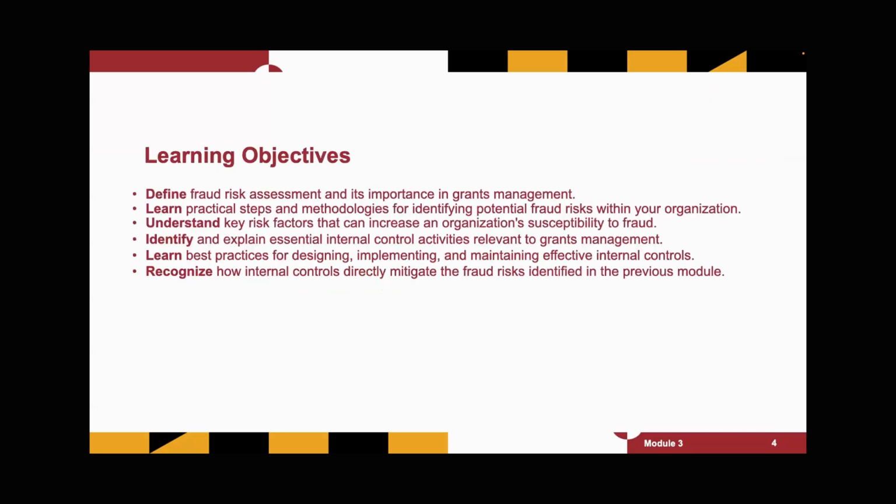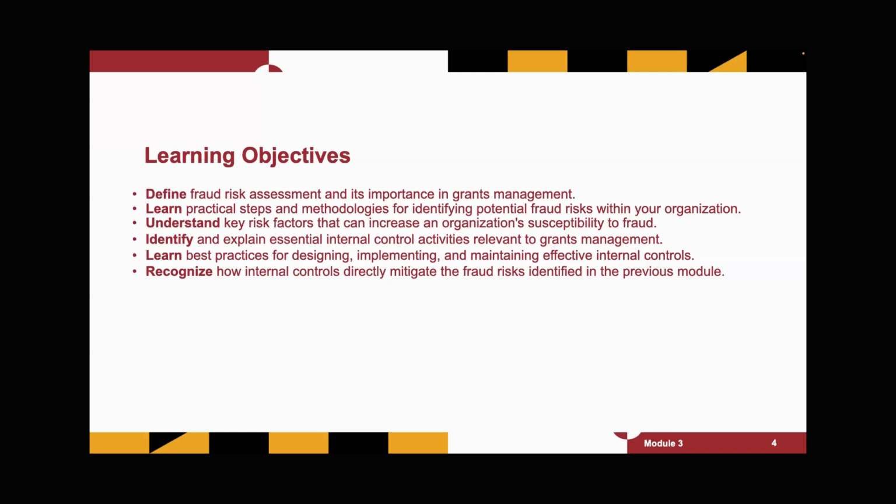In module three, we are going to define risk assessment relevant to fraud and its importance in our management of our grants. We're going to learn practical steps and methods to identify potential fraud risks within the organization and understand the risk factors that are critical so that we can increase our organization's ability to detect and prevent our susceptibility to fraud, as we identify and explain the essential internal control activities relevant to our management of our grants.